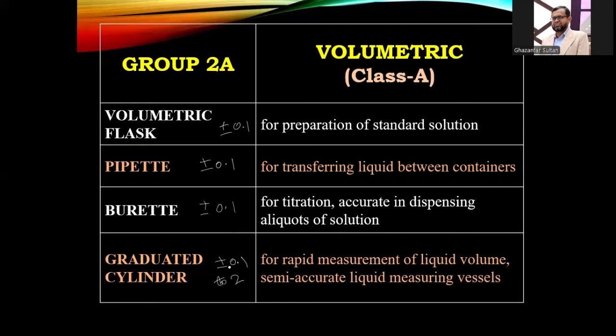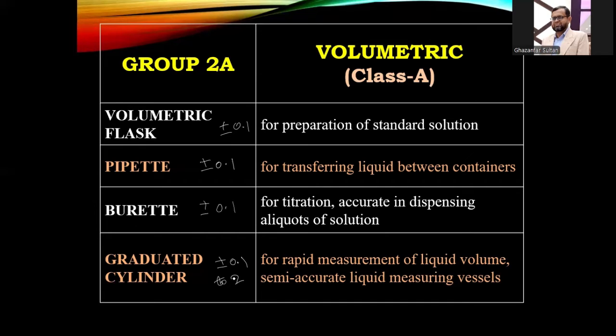So some of the graduated cylinders are in class A and some are in class B. So definitely if a graduated cylinder has a standard deviation of plus minus 2, then it is a larger difference.